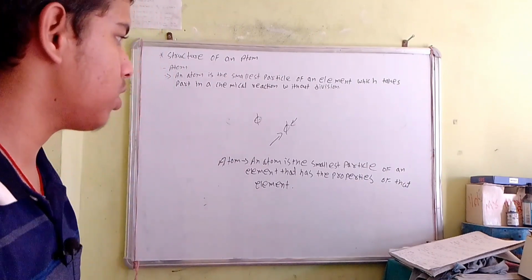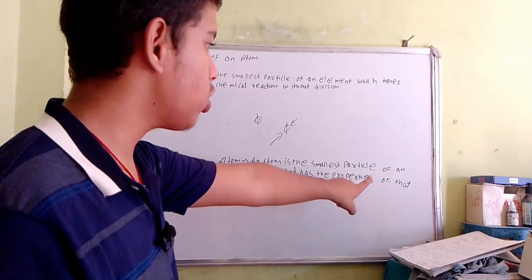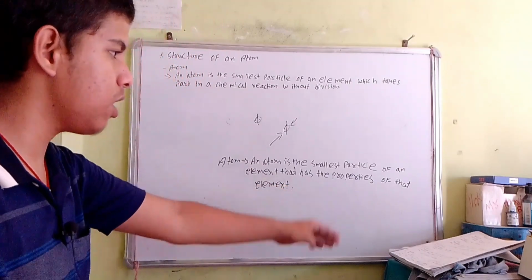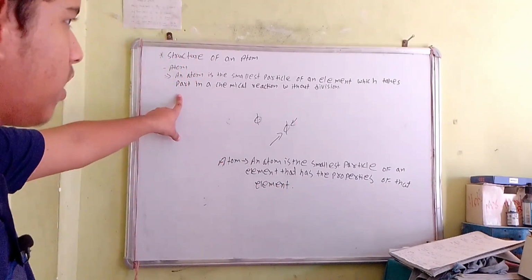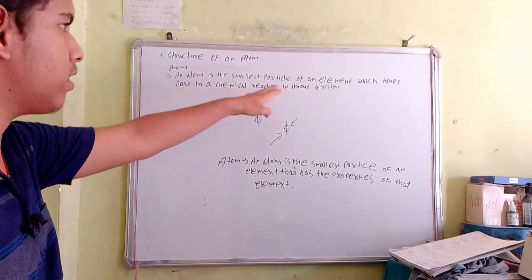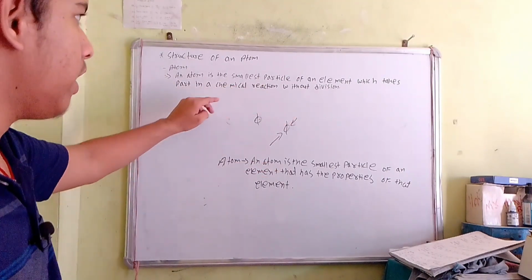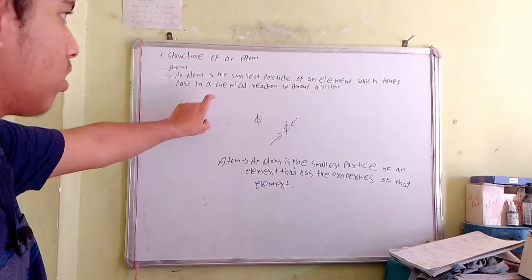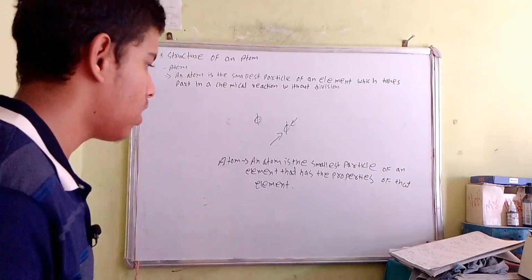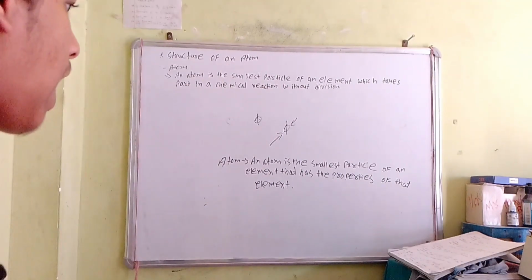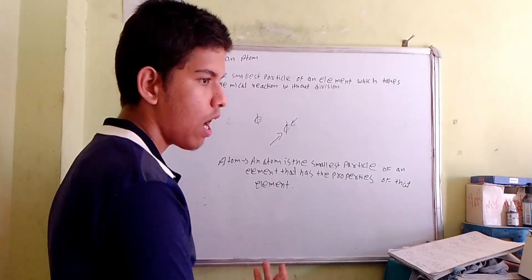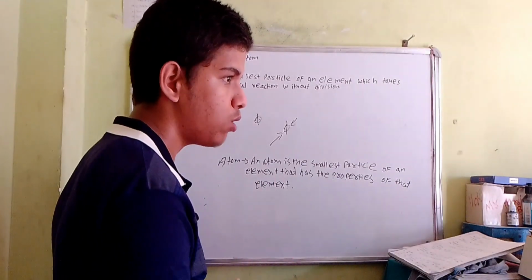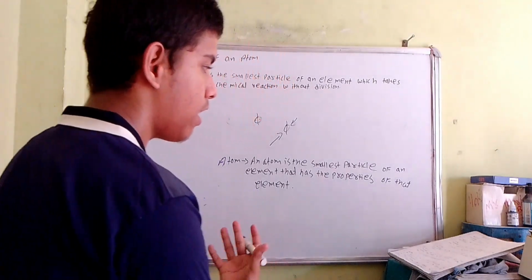And the second definition is: an atom is the smallest particle of an element that has the same property as that element. This definition is a little bit better, so I recommend you write this definition. It is also written in the book. So use this definition. Also, the atoms are different. An atom of hydrogen and a sodium atom are different.